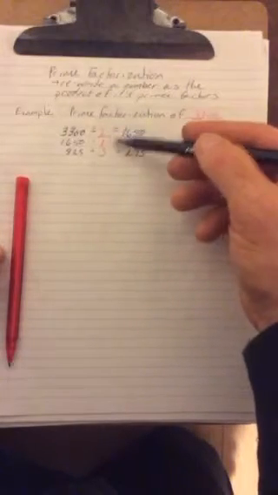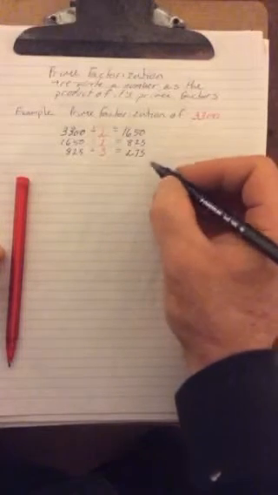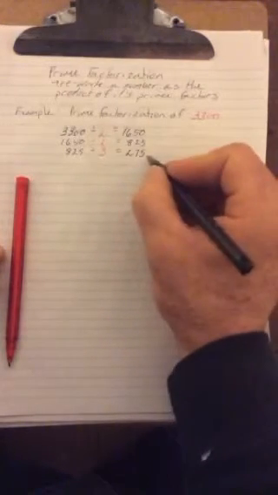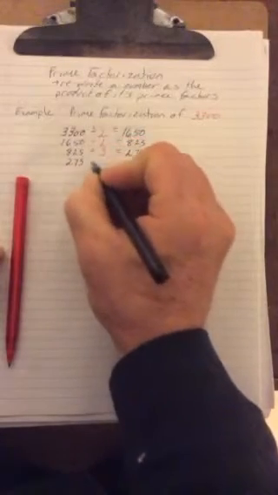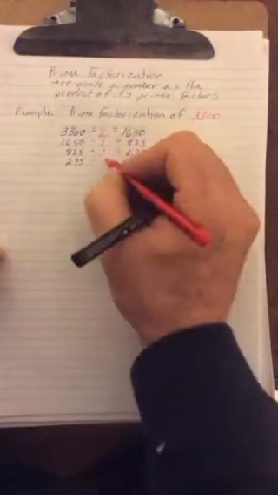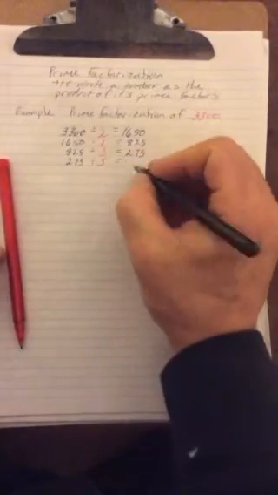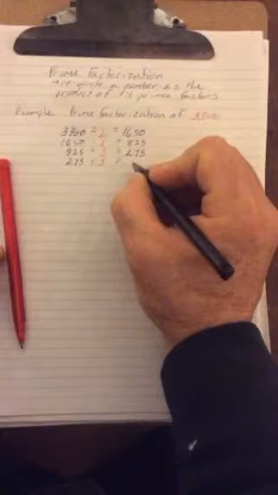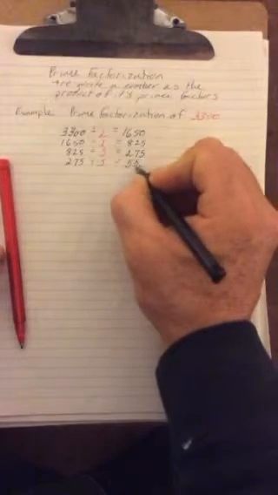We already know 2 won't work. So our next prime number after 2 and 3 is 5. And because this ends in 5, we know it's divisible by 5. Divided by 5 equals 55.